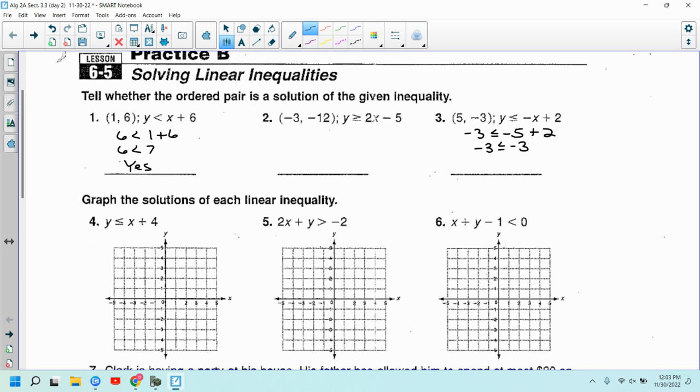And it looks like I get -3 is less than or equal to -3. Audie, yes or no now? What will be our final answer once we get down to that point? Yeah, that'll be correct. So yeah, -3 is equal to it. So you would say it is a solution for that.